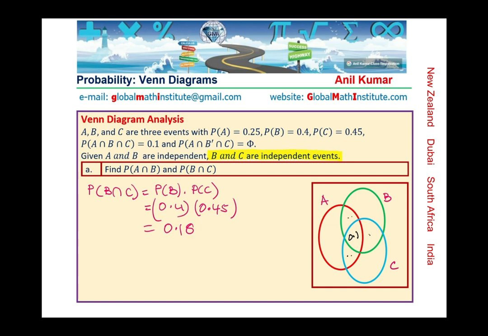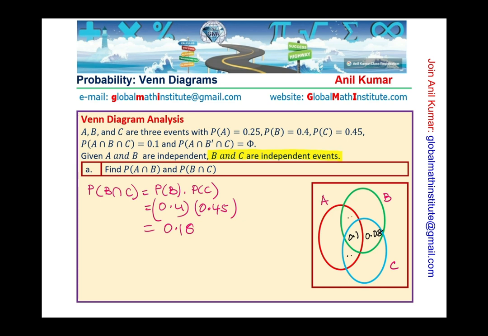So, this portion will be how much? Since we already know that A, B, and C intersection is 0.1, this should be 0.08. Makes sense, correct? So, from this probability, we can also, as we move along, fill in the Venn diagrams, right? So I hope that part is clear.